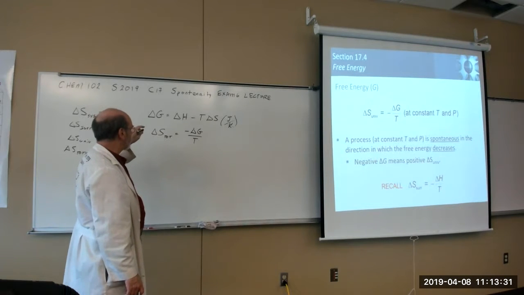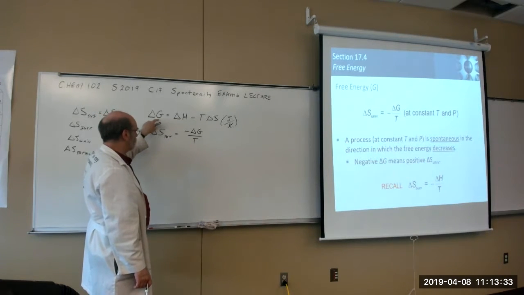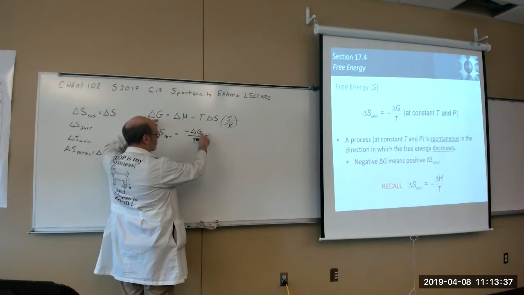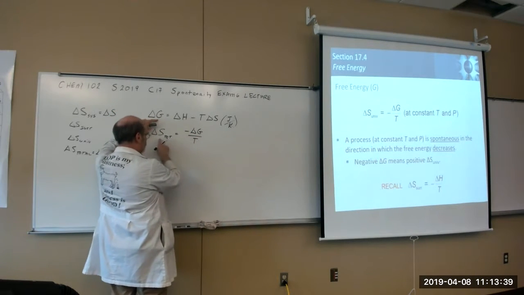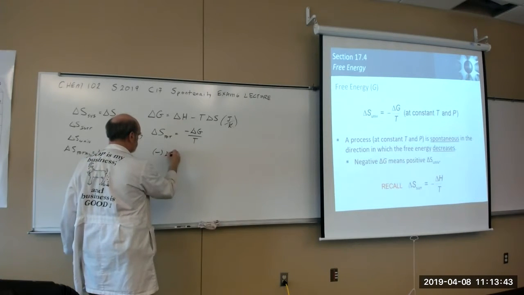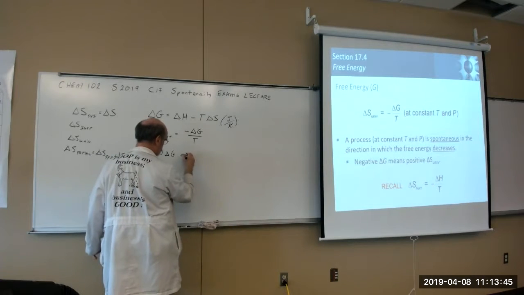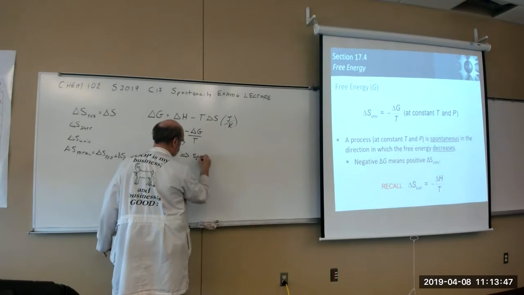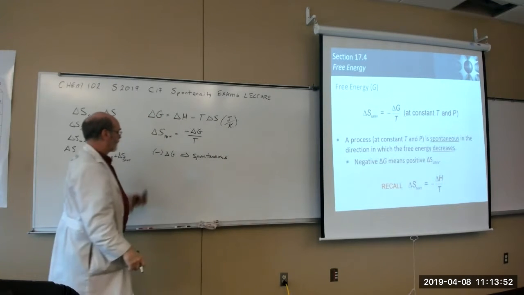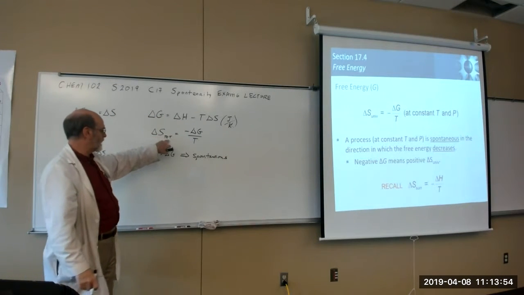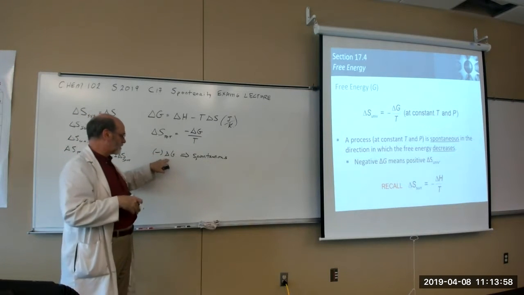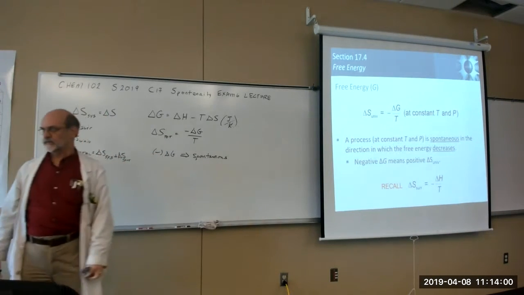It's spontaneous when delta G is negative, because if it's negative, that makes this positive, and that makes that positive. So a negative delta G yields spontaneous, whereas a positive delta S for total is spontaneous. A negative delta G is spontaneous.